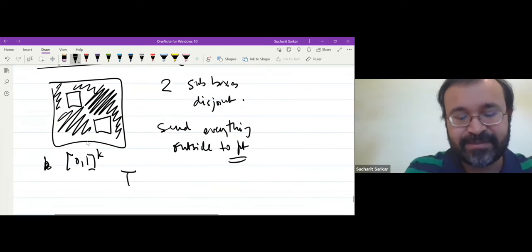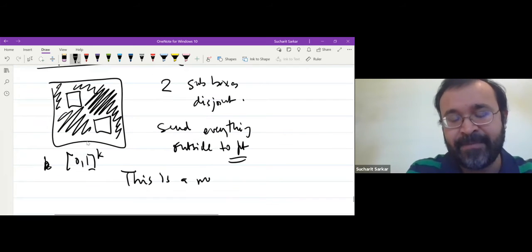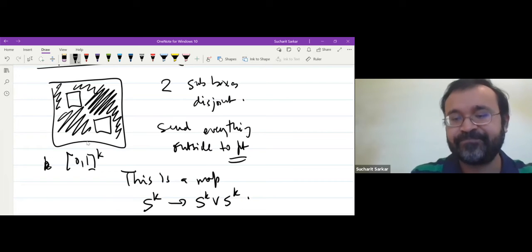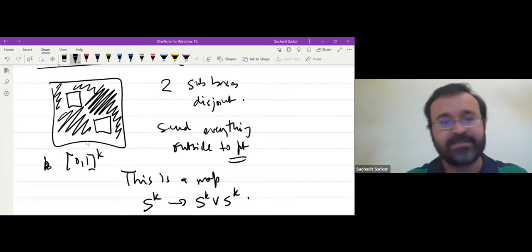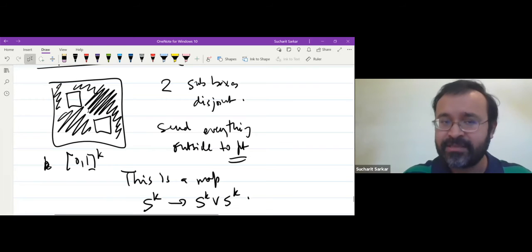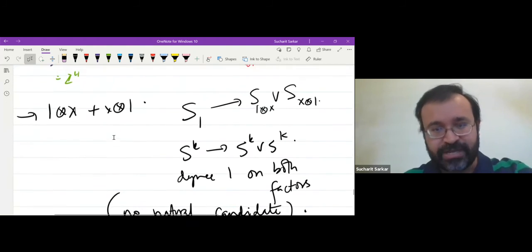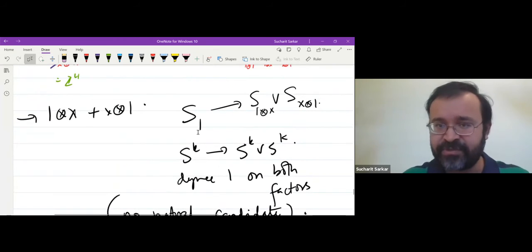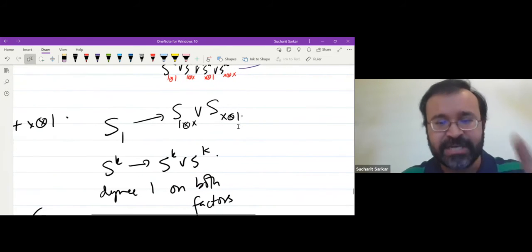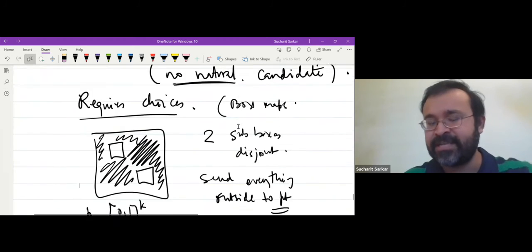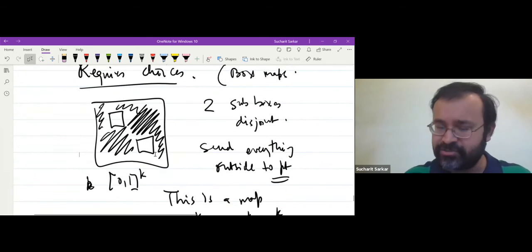So this gives you a map from a sphere to a wedge of 2 spheres. If I have 2 boxes and I just collapse everything outside to a point, this gives me a map from a sphere to a wedge of 2 spheres. So if I want to choose a map from a sphere to a wedge of 2 spheres which is degree 1 on both factors, the sort of choice I have to make is to choose 2 disjoint sub-boxes inside a bigger box.